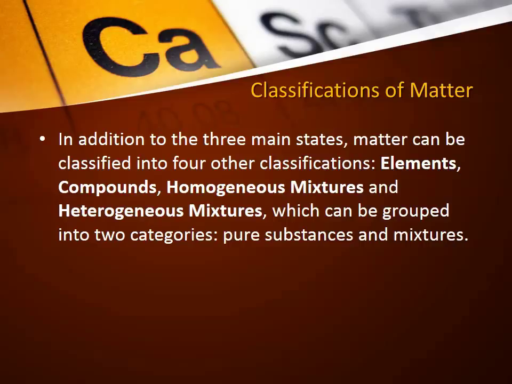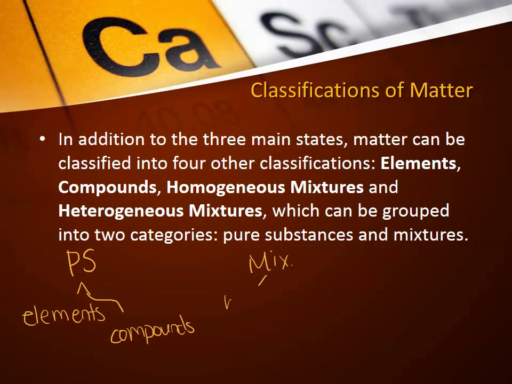Before going on, I want to point out that our pure substances are going to be our elements and our compounds, and our two mixtures are our homogeneous mixtures and our heterogeneous mixtures.